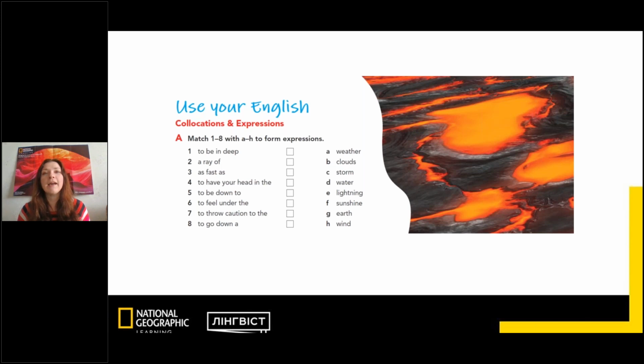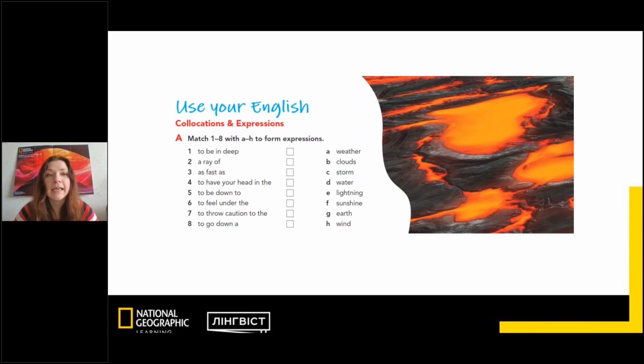So now I suggest we have a look at some phrases or expressions that have weather words in them. They are not about the weather, I would say. But these are some expressions that people can use to talk about different situations.